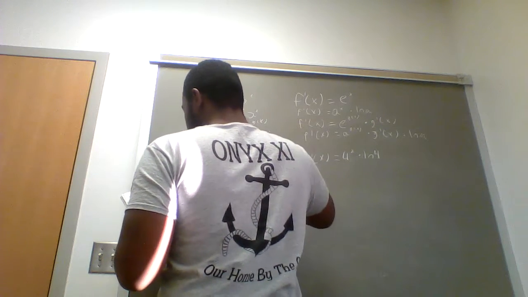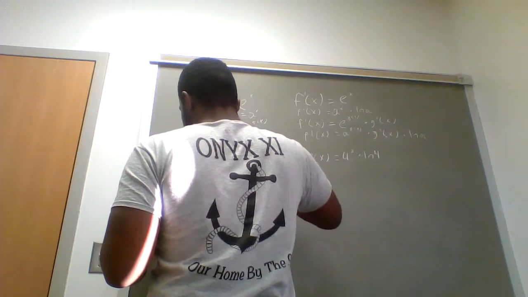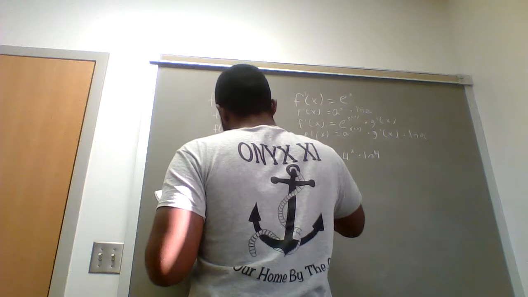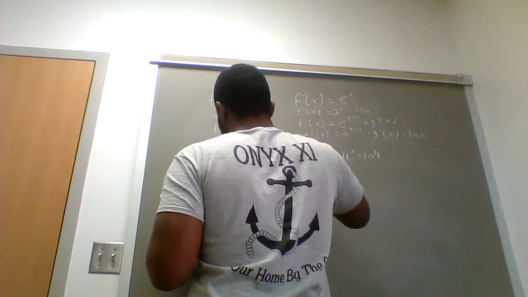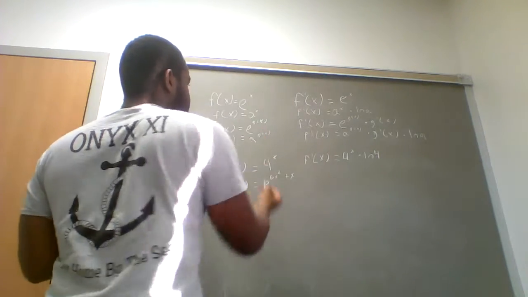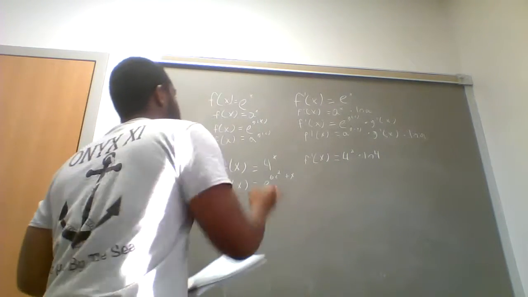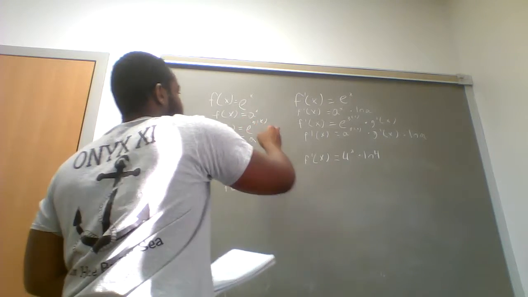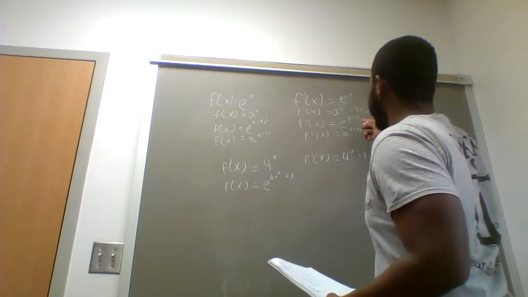Another example, f of x equals e to the 6x squared plus x. Look at your properties. Identify which one we'll be using. We'll be using this one right here, which is e to the g of x. Just follow what the property states.